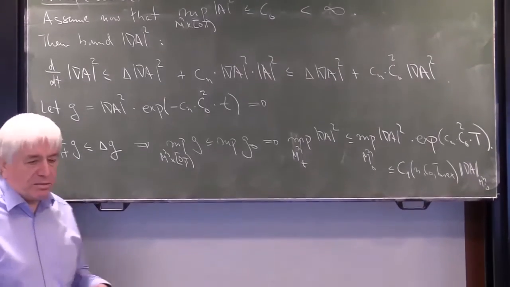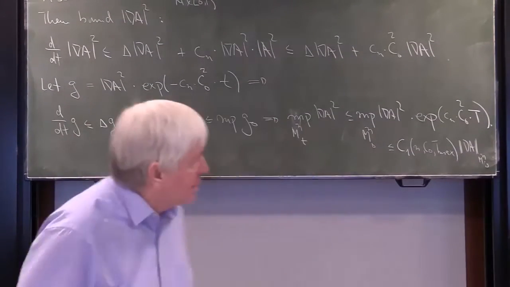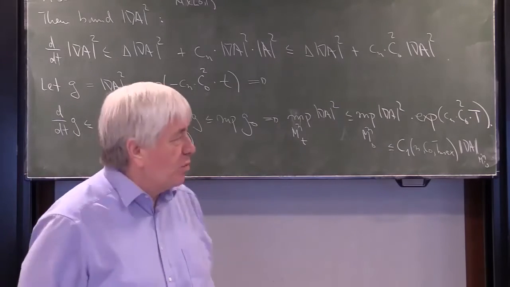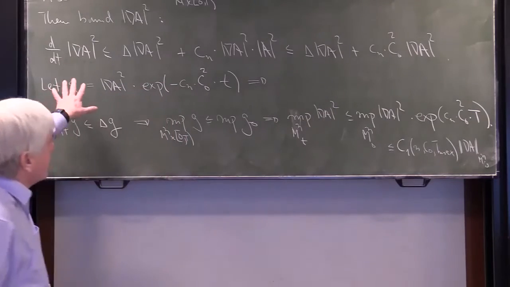Now, this would be a very quick and dirty proof that we get a gradient A squared bound.